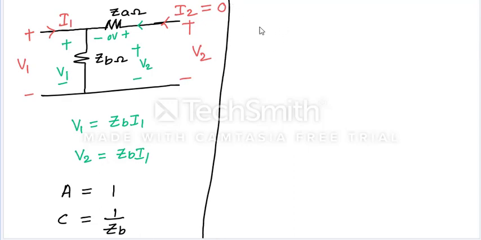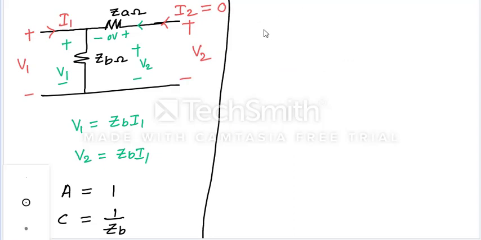Next we'll find B and D also. To get B and D we need to short the second port.